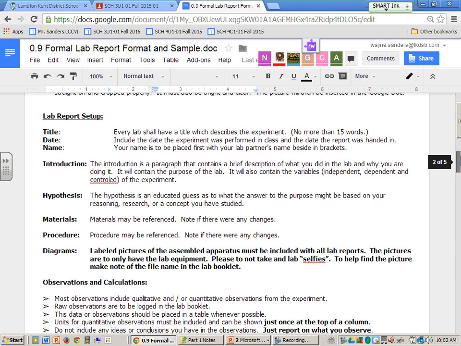Then there's the dependent variable. That's what we're looking for. In this case, where is the hottest part of the flame? We're going to move the paper clip into different regions of the flame. That's what we're manipulating, the position of the wire. That makes it the independent variable.